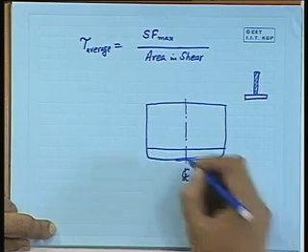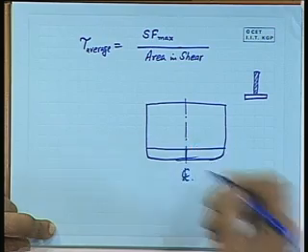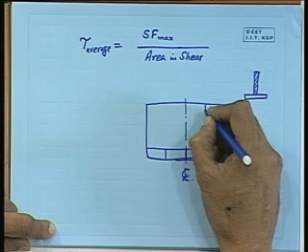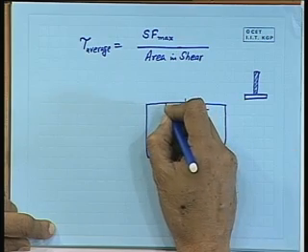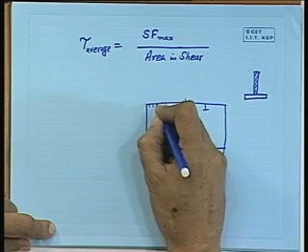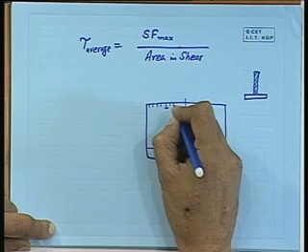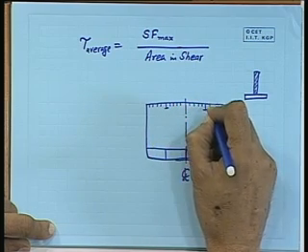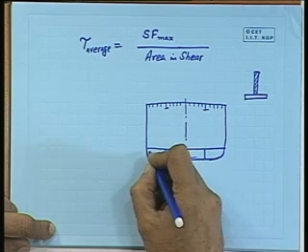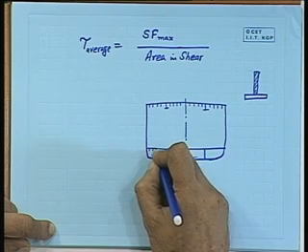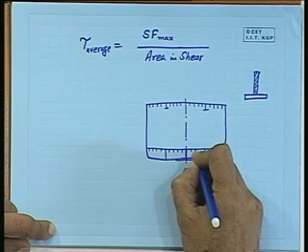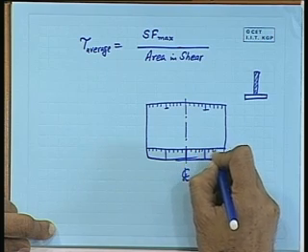We can have an inner bottom here, a center girder here, somewhere here is the side girder, and we can have some deck girders here, and then we have longitudinals in the deck, longitudinals in the inner bottom, longitudinals in the outer bottom.